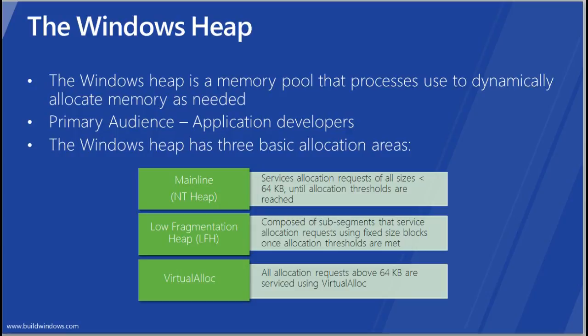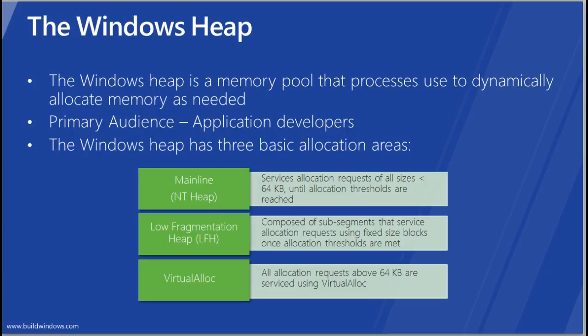Okay, the Windows heap is used to handle dynamically allocated data within the process. The Windows heap has three basic allocation areas. The main line, or NT heap, which is where allocations will be placed until certain allocation count thresholds are reached.